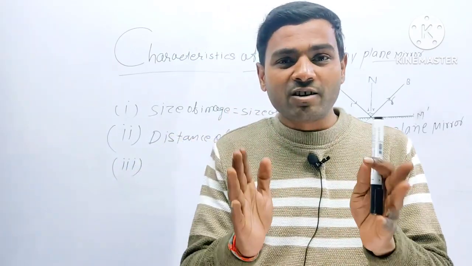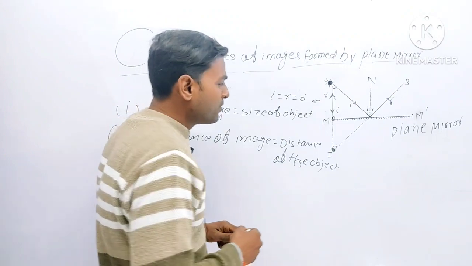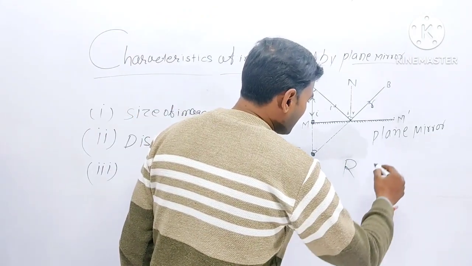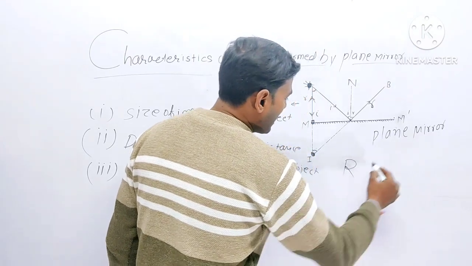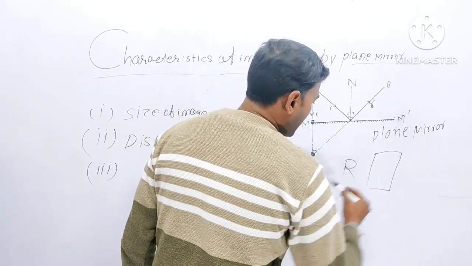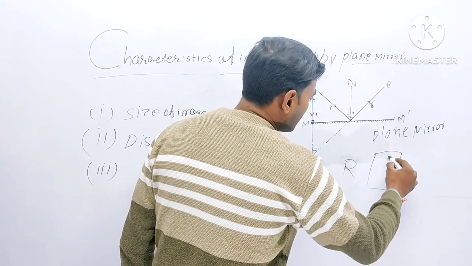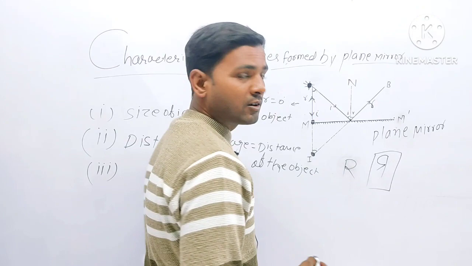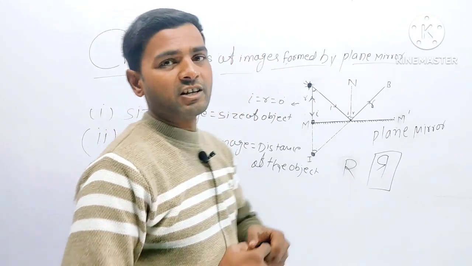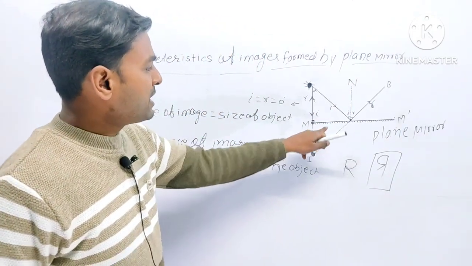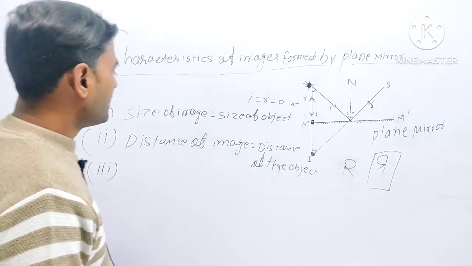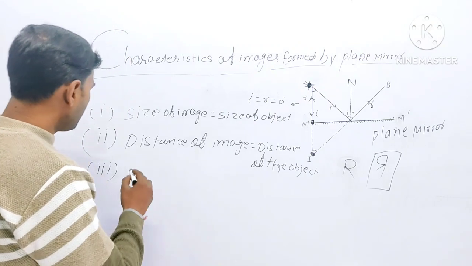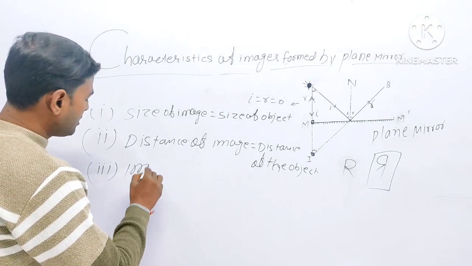This is called lateral inversion. In simple language, if a capital letter R is there, then in the mirror it will look reversed. So images formed by a plane mirror are laterally inverted.